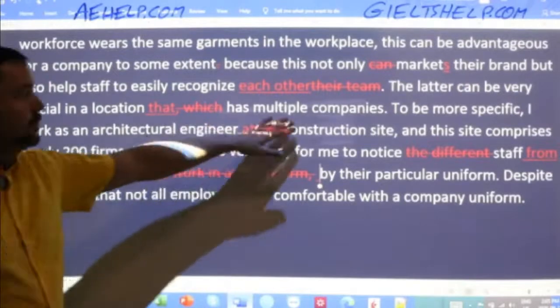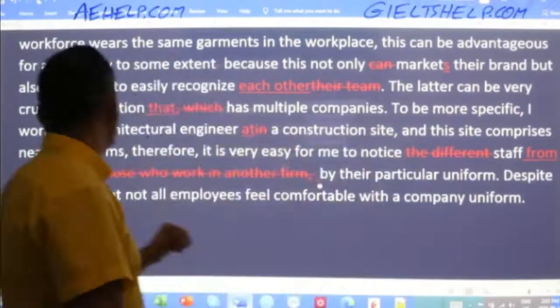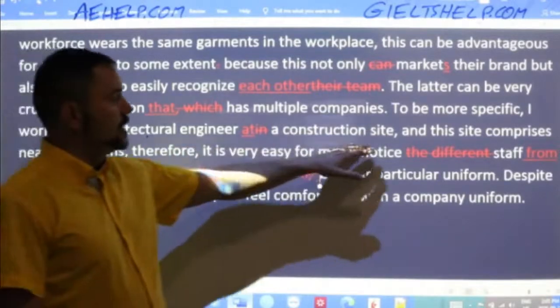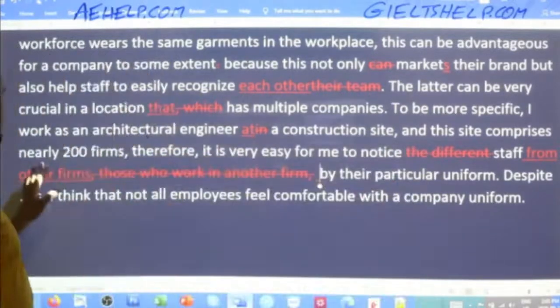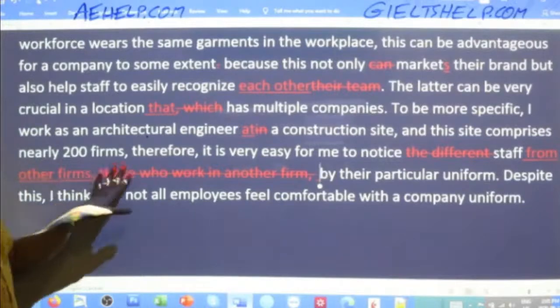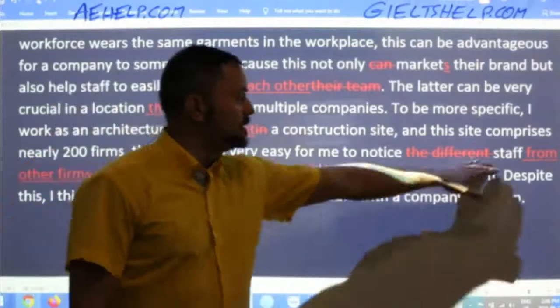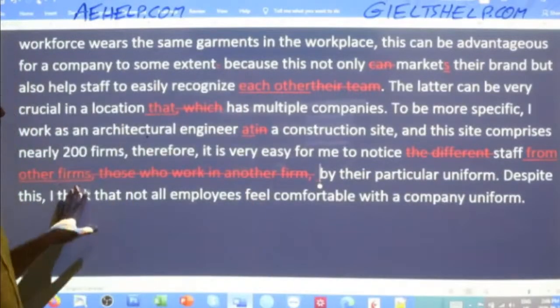So which has multiple companies. To be more specific, I work as an architectural engineer at a construction site, and this site comprises nearly 200 firms. Therefore, it is very easy for me to notice staff from other firms.